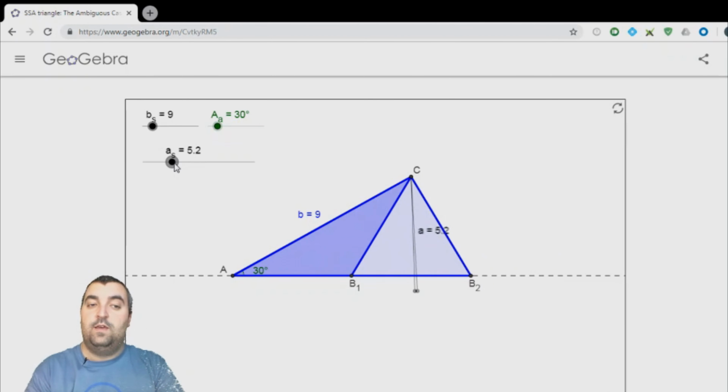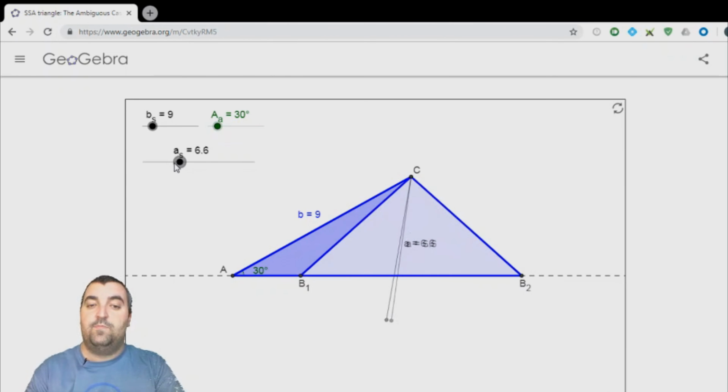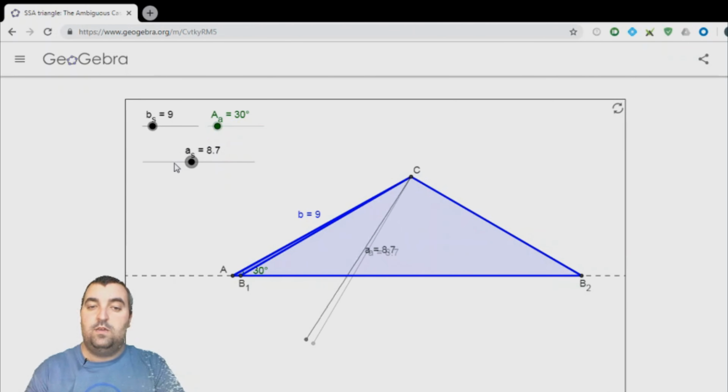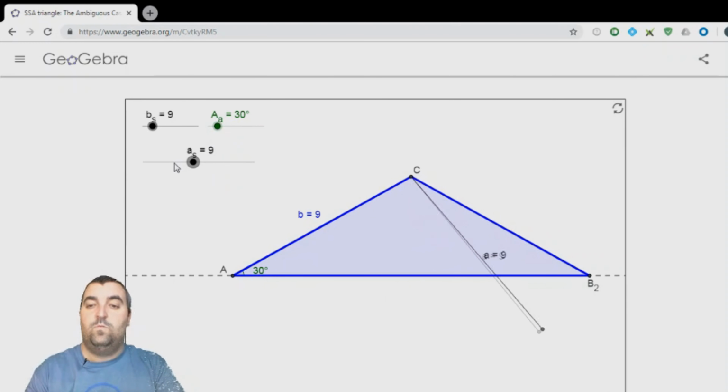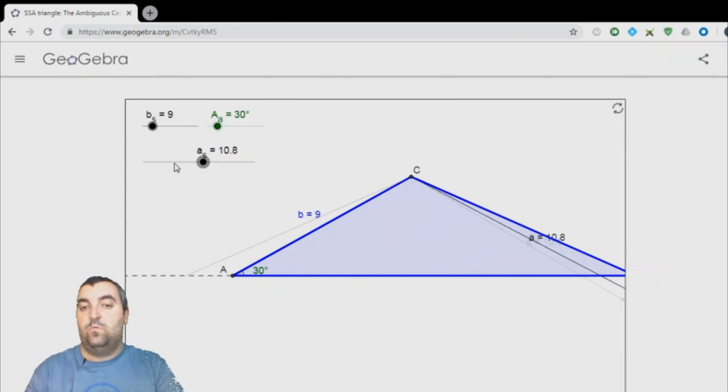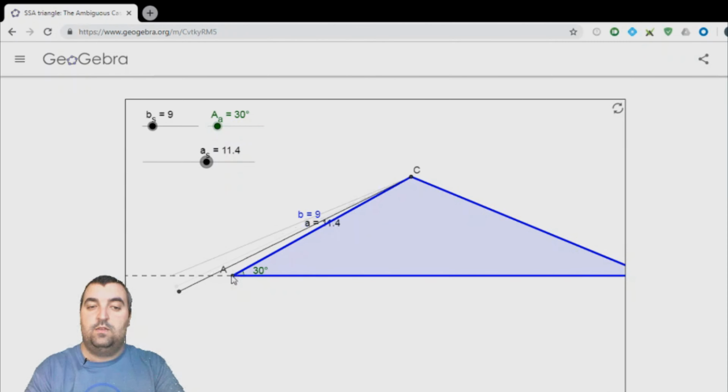Then as I make A even bigger, as soon as it gets to 9, the same as B, you'll notice we have one triangle, and it just stays being one triangle because it's missing this side over here. There's no way of creating a 30-degree angle if this A value is too big.